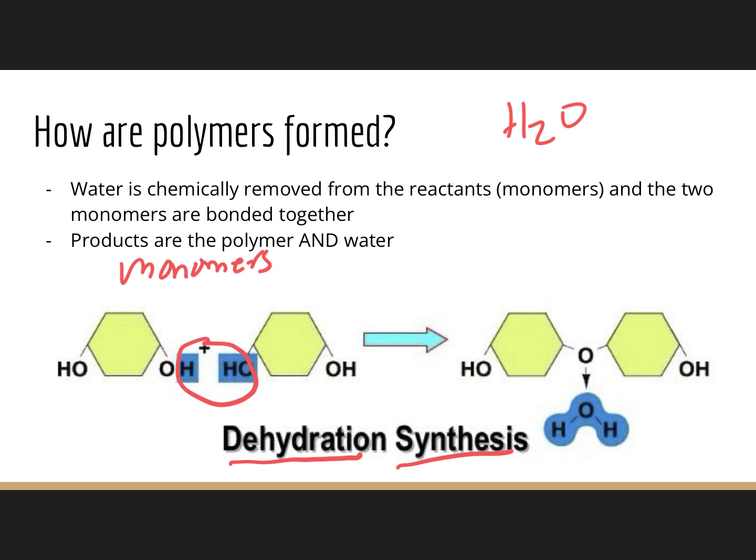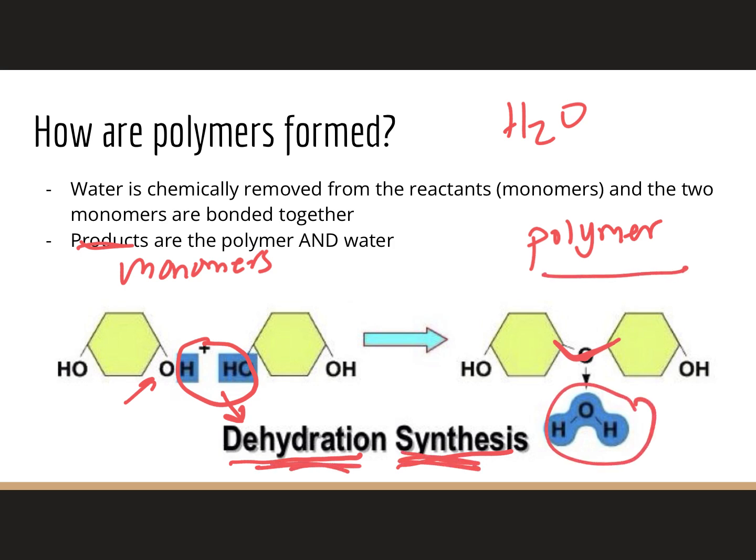My reactants, which are my monomers, have water chemically removed. As that water is removed, the leftover oxygen becomes the bond that connects those monomers together to form our polymer. The products of dehydration synthesis are the polymer and water.